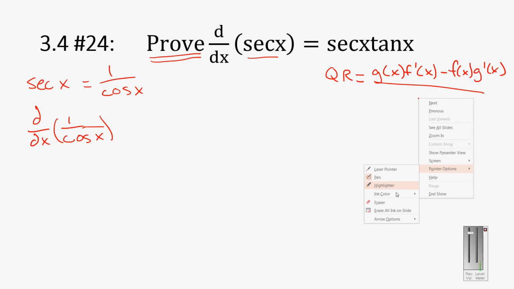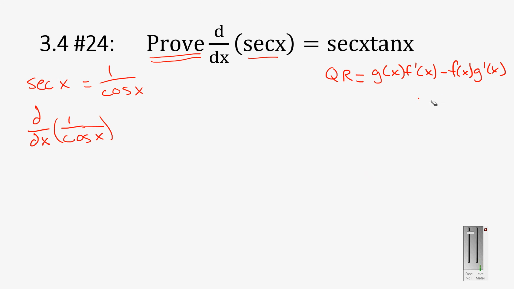Sometimes when I get to the edge here, it can be hard to get a good read there. All right, all over g of x squared. So this is what I'm going to use to solve this. And I'm just going to pretend that this is a normal function, f over g, and it's a quotient rule.